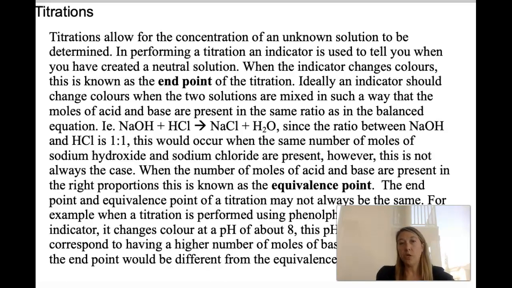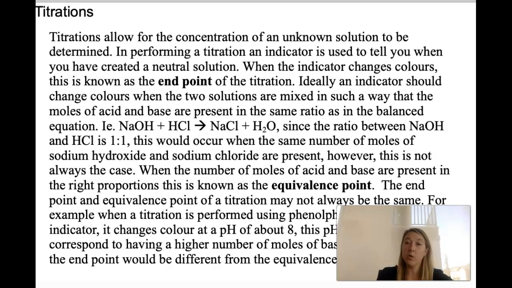So last year we talked about two terms. We talked about an end point and we talked about an equivalence point. Important to recognize the difference. So an end point is when your indicator changes colors and tells you to end your titration. An equivalence point is when the moles of acid and base are present in equal concentrations, obviously assuming that our balanced equation is a 1-to-1 ratio.